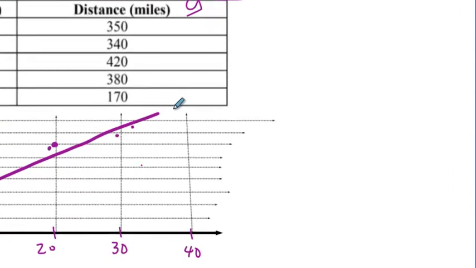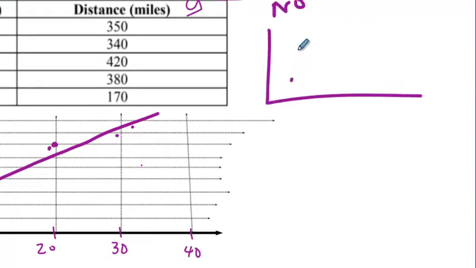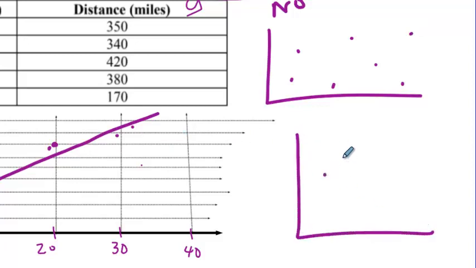Positive. Okay. A no correlation would be if I had something that was just all over the place. I can't draw a line of best fit for these points, right? A negative would be if I have something like this. I could draw a line through here. Do you see that?